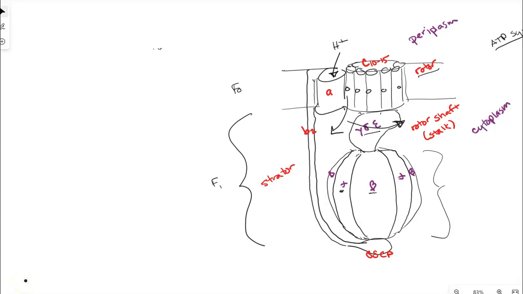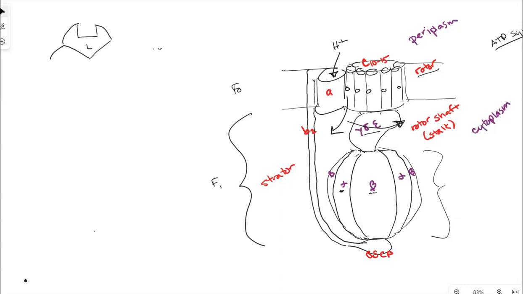So look at these catalytic beta sites. Let me see if I can illustrate this adequately. The first site in the hexamer is going to be this open or L loose conformation.